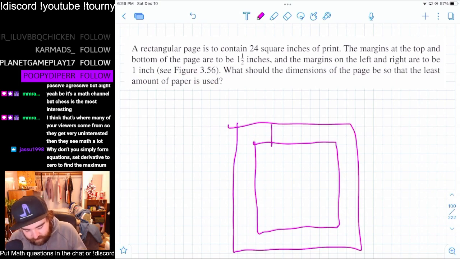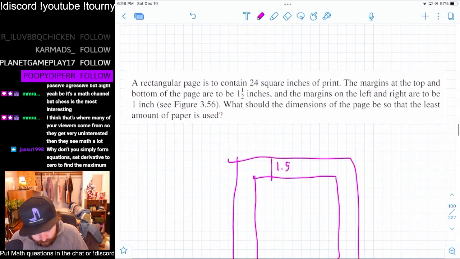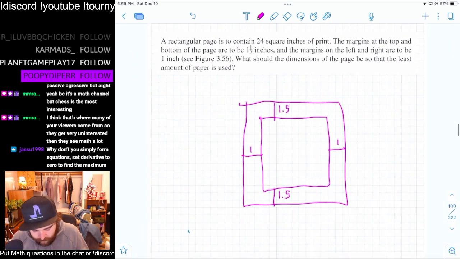We know that this distance here, the top and bottom, is 1.5. We know the left and right are 1. And what we want is the dimensions of the page so that the least amount of paper is used. We want to minimize the dimensions of the piece of paper.